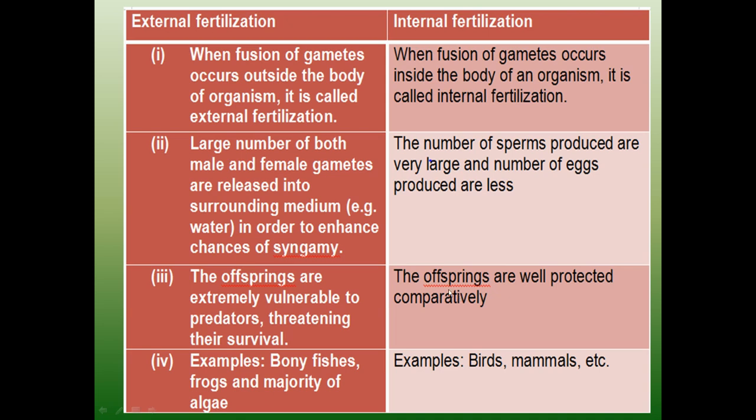The offsprings which are produced by internal fertilization have a quite safer environment in comparison to the organisms produced by external fertilization, because the development of the young one takes place inside the body of the organism. The examples of organisms which have external fertilization are bony fishes, frogs, and some examples of algae. Internal fertilization occurs in birds, mammals, etc.